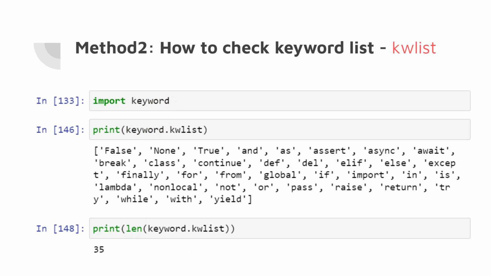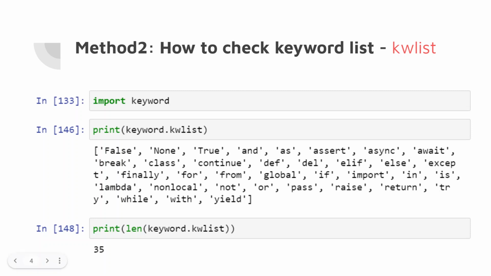One more method to check keyword list: import keyword. So this is the library of keywords. Print keyword.kwlist. So this is the function, we can say inbuilt function to use. We use it to find out all the keyword list. So by using this you can also find the keyword list.